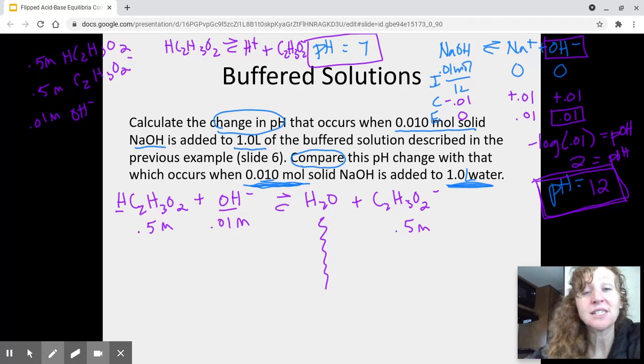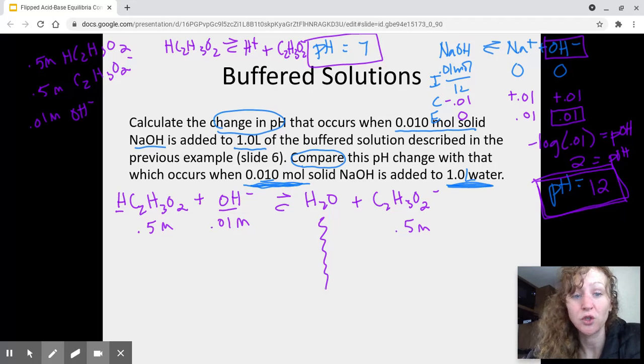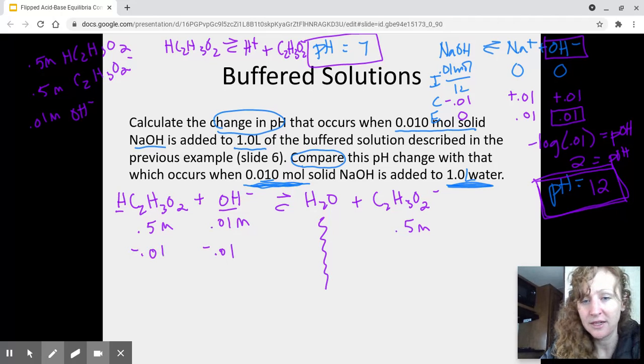Now, what's the change going to be? I have a weak acid and a strong base. Is it going to be equilibrium because this reaction is driven forward by my weak acid? Or is it going to be to completion because this reaction is driven forward by my strong base? The thing that's stronger is going to drive it. My strong base is going to drive this to completion. Negative 0.01, negative 0.01, positive 0.01.